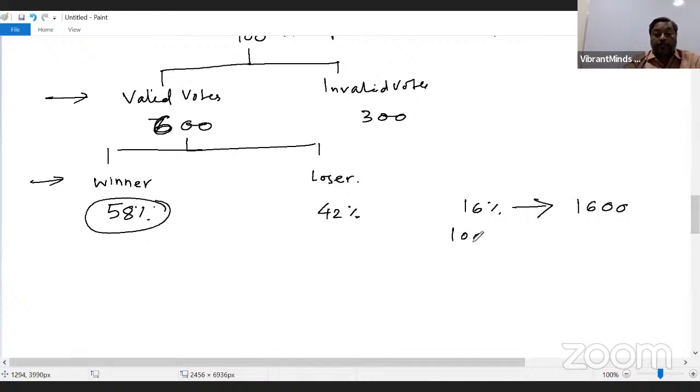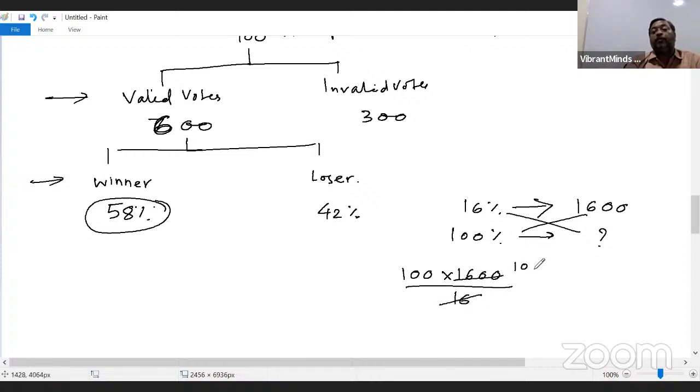So can I say 100% will be what? Cross multiply. And this will be 100 into 1600 divided by 16, and that gives you 100. And this will be your 10,000 votes. Now 10,000 were valid votes.